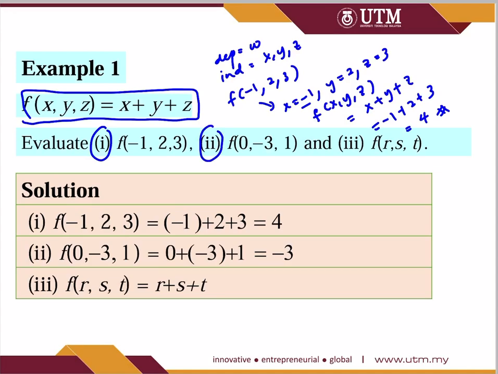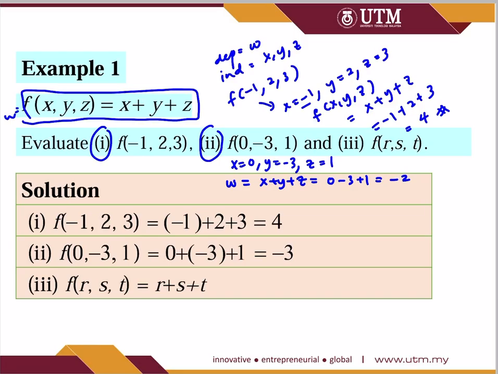For the second one, we know that X equals 0, Y equals minus 3, Z equals 1. Therefore we just substitute into the W. So W is equal to X plus Y plus Z, right? So 0 minus 3 plus 1, so we'll obtain minus 2.